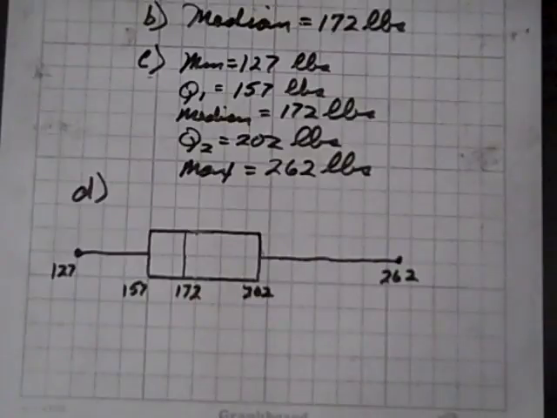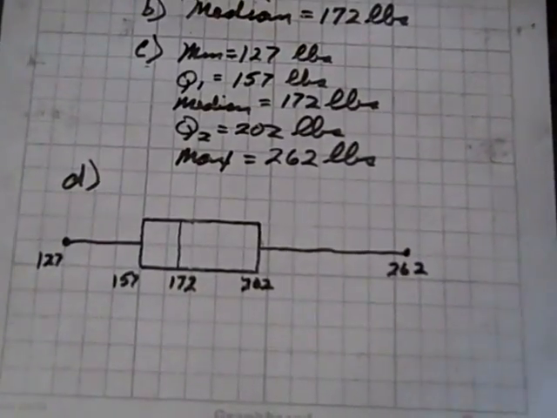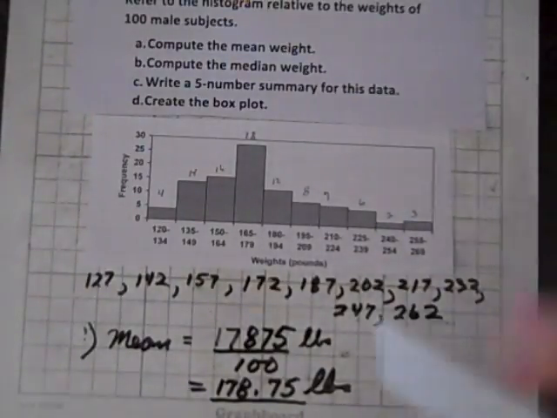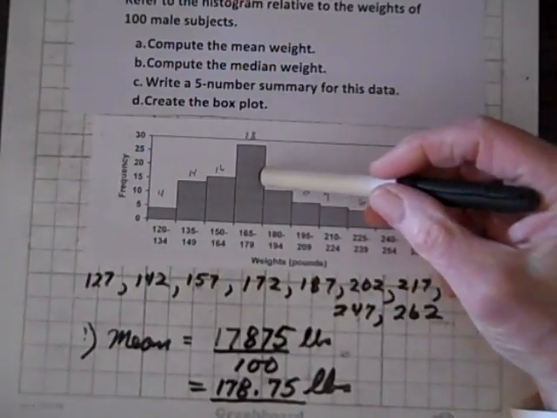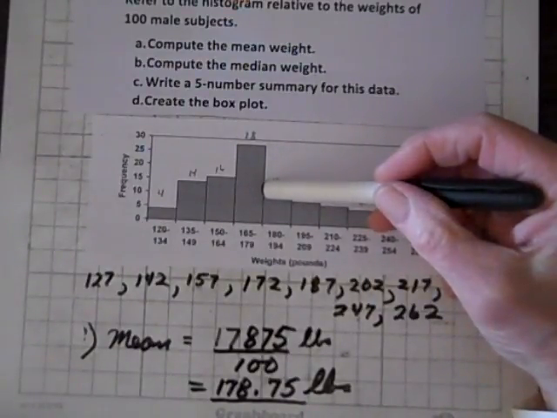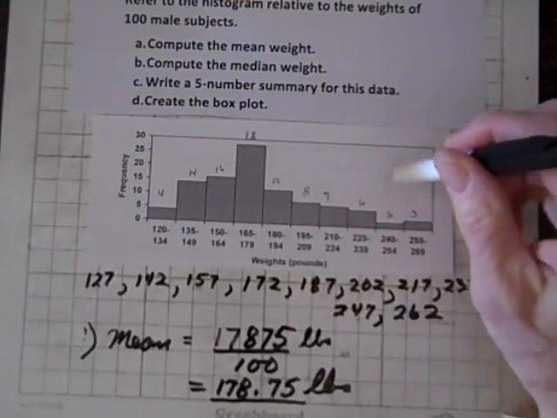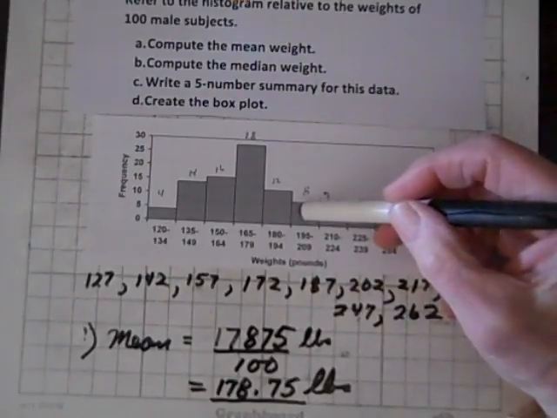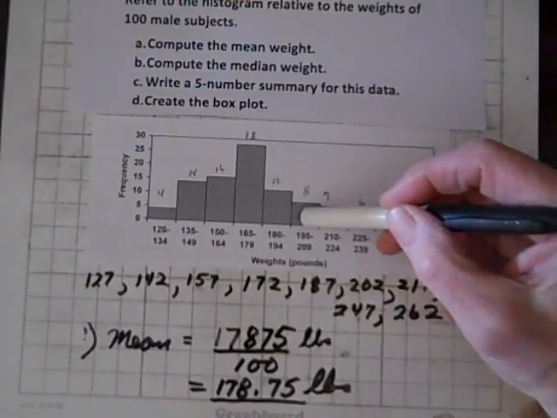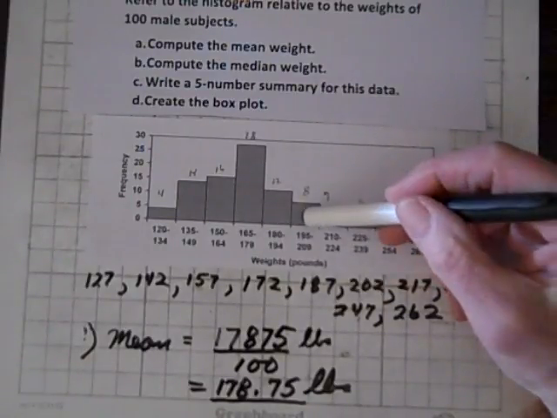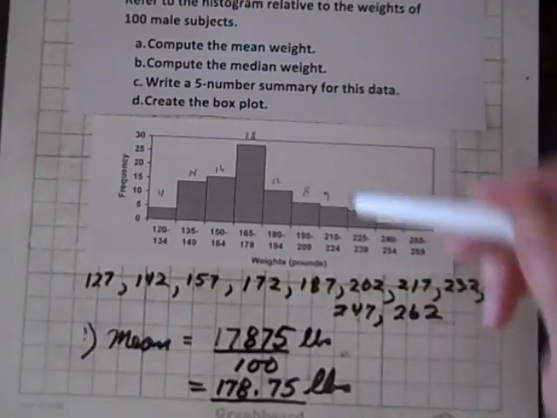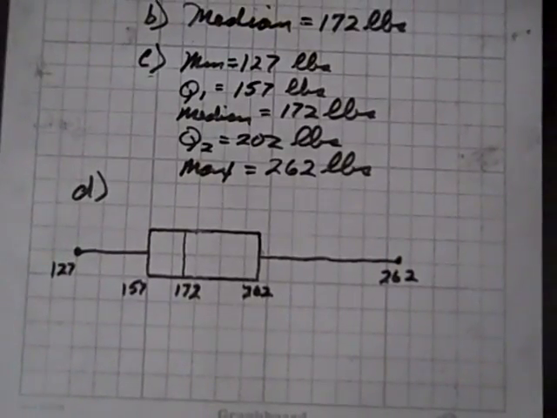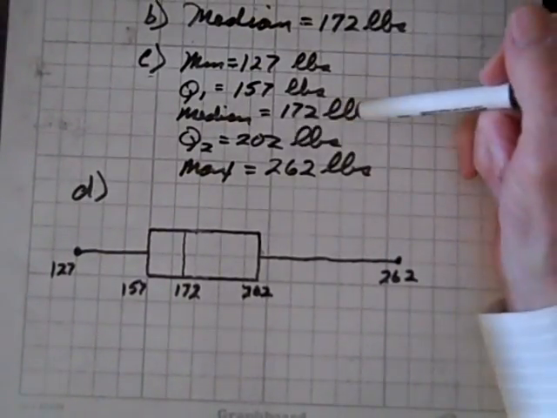We have to find the upper quartile, Q sub 2. And to do that, by the way, that will be the average weight of the 75th and 76th gentlemen in order. And both of those gentlemen can be found in this bin, and so that average weight is going to be 202 pounds, which happens to be then the median of the upper half, which is the upper quartile, or Q sub 2.